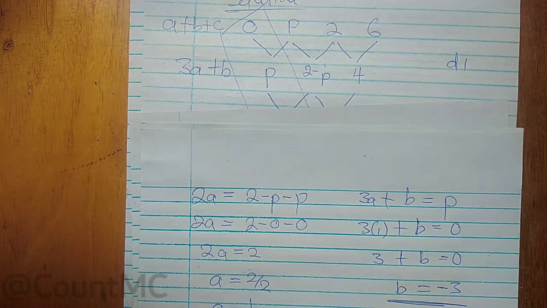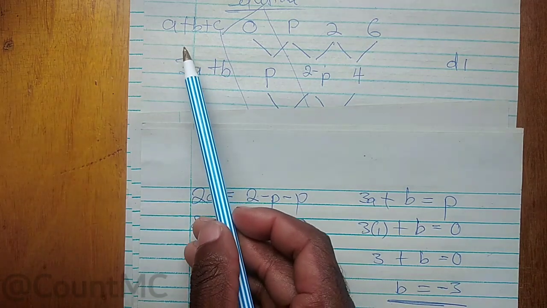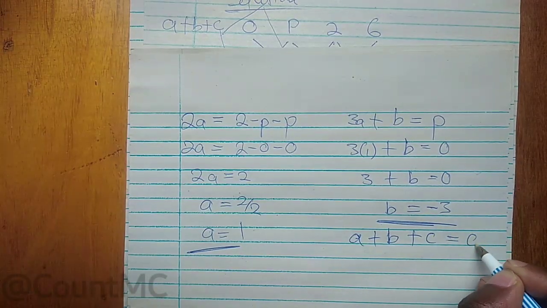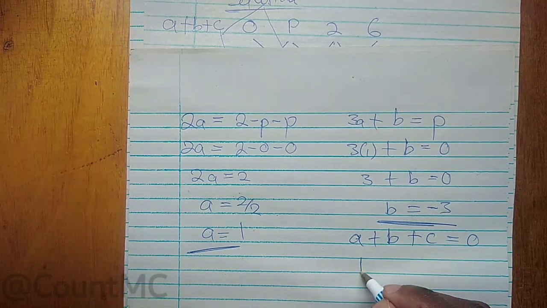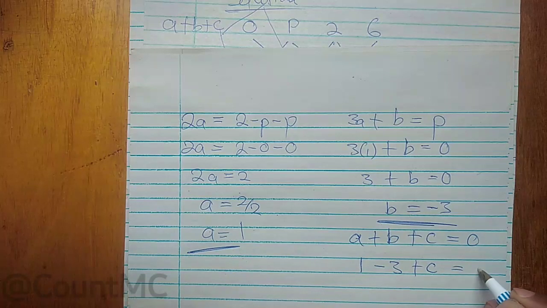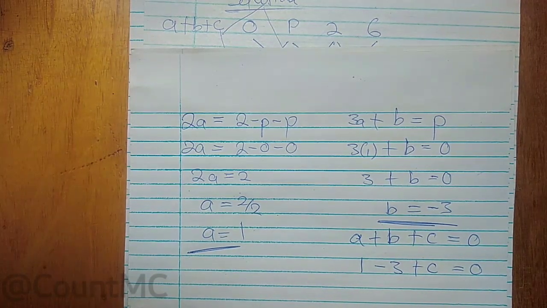Let's find c. A plus b plus c is equals to 0. A is 1. B is minus 3 plus c is equals to 0. 1 minus 3, we have a minus 2 plus c equals to 0.